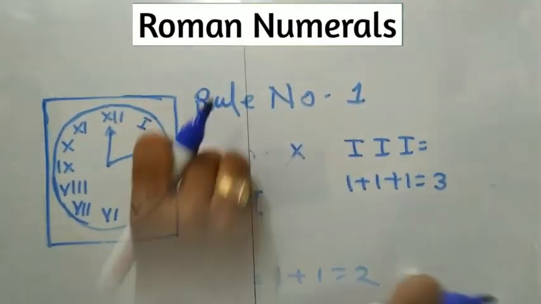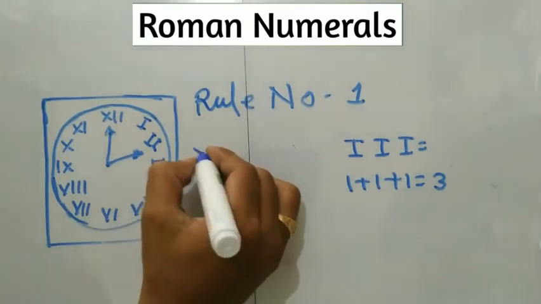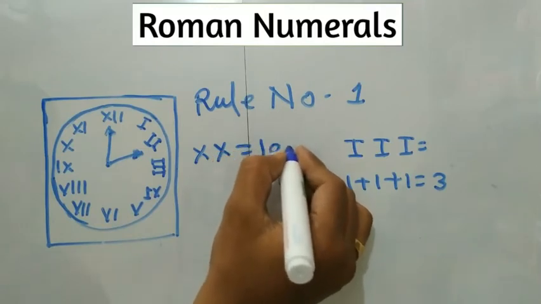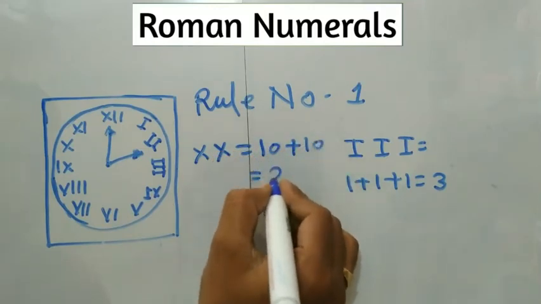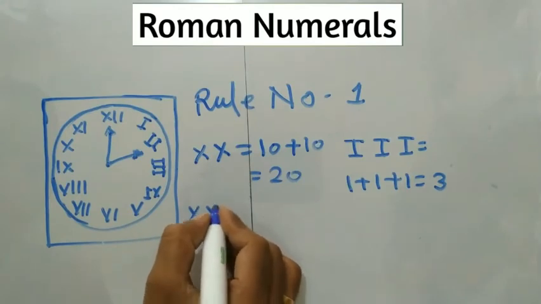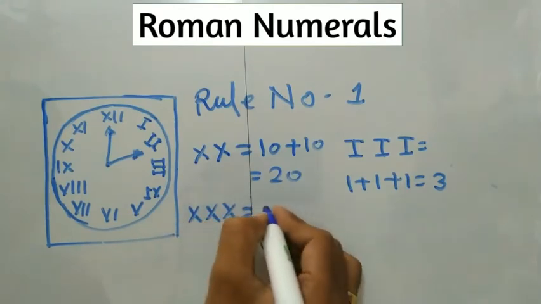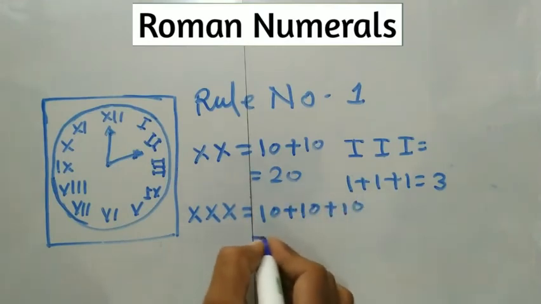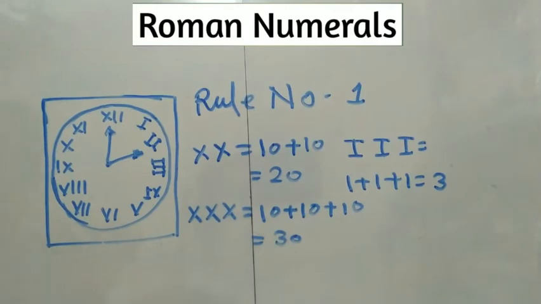Similarly, if we write X consecutively 2 times, its value becomes 10 plus 10 is equal to 20, and if we write X consecutively 3 times, its value becomes 10 plus 10 plus 10 is equal to 30. This is the first rule, which says that if either of the symbols I or X is written consecutively 2 or 3 times, their sum total is the number they make.